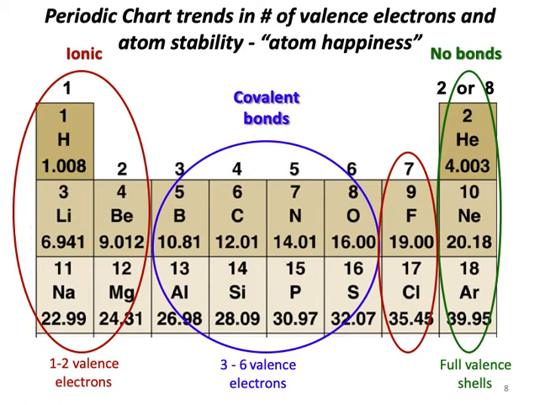Similarly, over here on column 7, those atoms have 7 electrons in their valence shell. They're almost full. Now, it's not easy for them to get rid of all of those electrons. There's a lot of pull from those positive protons in the center of the nucleus.